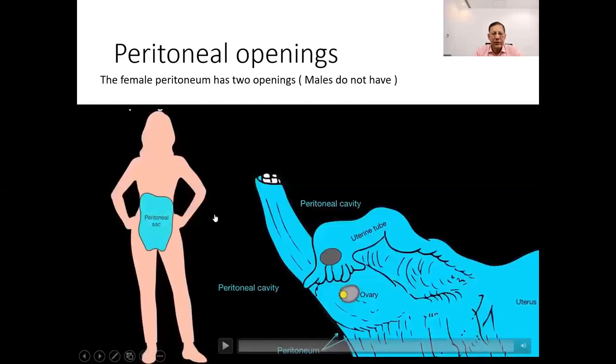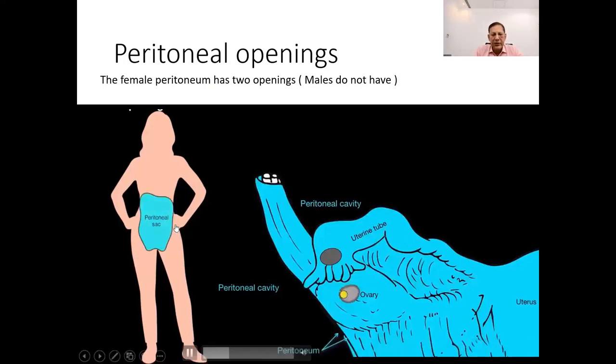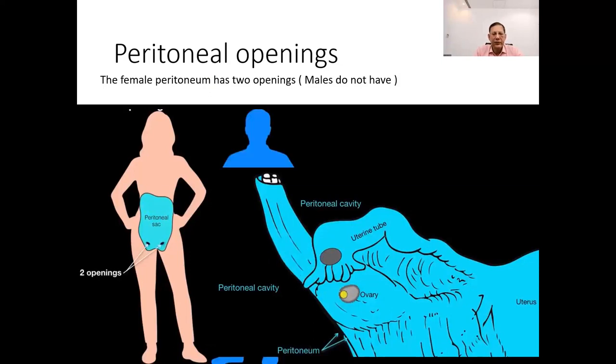In a man, the peritoneum is a completely closed sac, but in women it has external communication via the fallopian tubes. So there is a slightly higher risk of infection, like peritonitis, or infection of the peritoneum, due to this external opening.